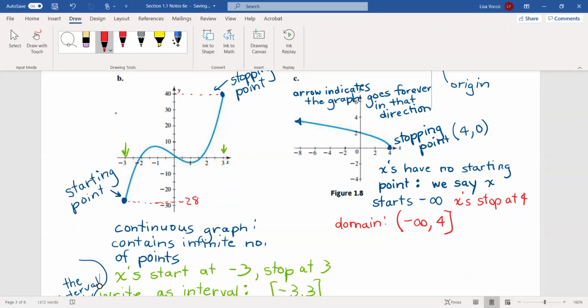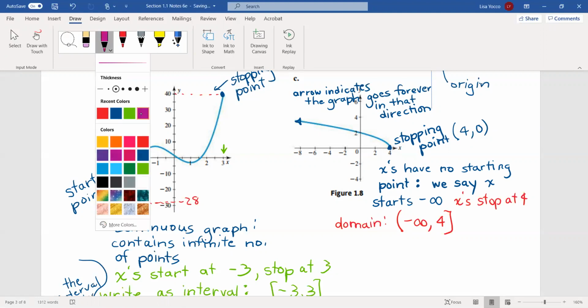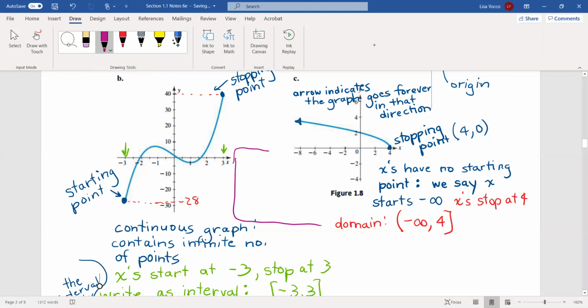All right. Now, why did I use a parenthesis on one side and a bracket on the other? I forgot to mention the brackets. Well, a bracket, a little information box here.